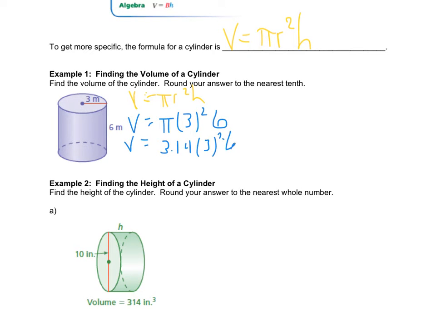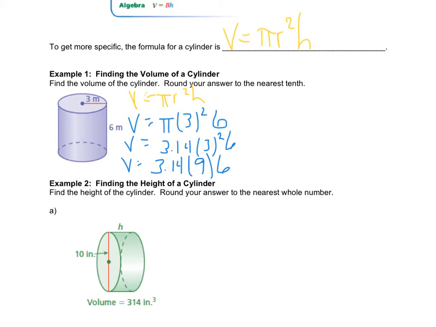And now use order of operations because I have everything I need. So thinking about order of operations, exponents will come before multiplication. So just make sure we don't make a silly mistake here and say 3.14 times 3 and then square it and then times 6. Order of operations says do your exponents first. So by doing my exponents first, I get 3.14 times 9, remember 3 squared is 9, times 6.